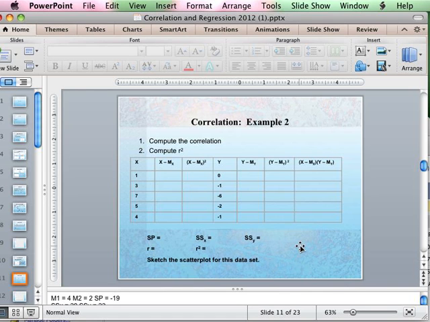Or is there no real relationship between the two? What do you think? I think it's a weak linear relationship. Yeah? Positive or negative? Are the high ones on one paired with the low ones on the other? Or are the high paired with the high?